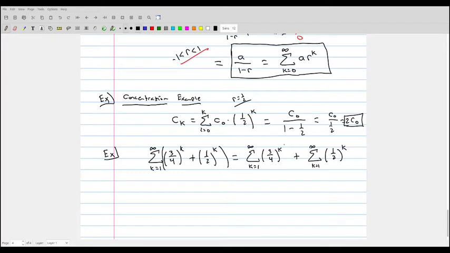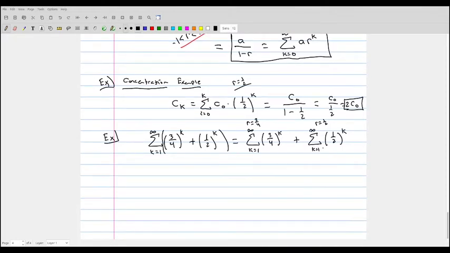And they actually are convergent, because this series right here is a geometric series with r equals 3/4, which is less than 1. And this series right here is also a geometric series, but with r equals 1/2, which is another value that's less than 1.